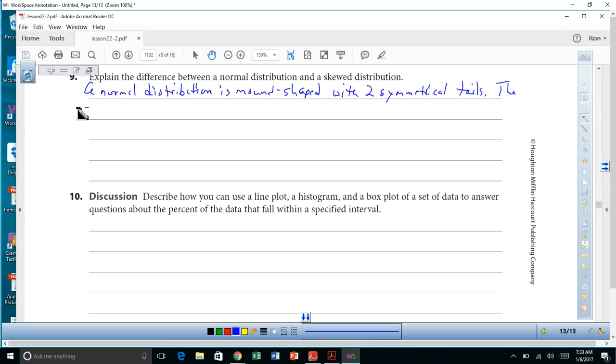The mean and median of a normal distribution are equal or almost equal.